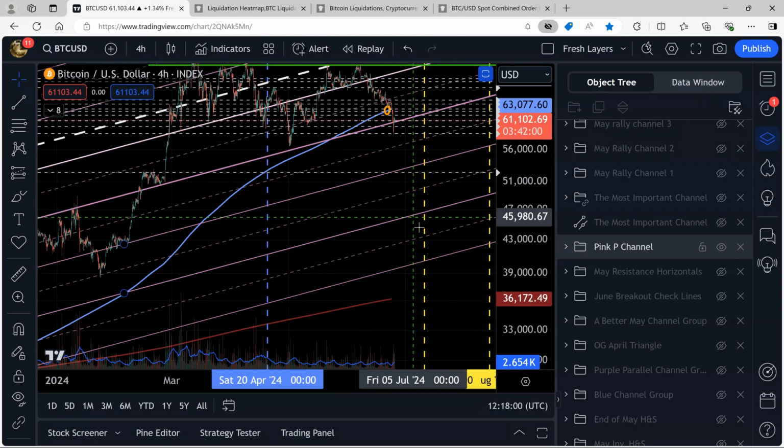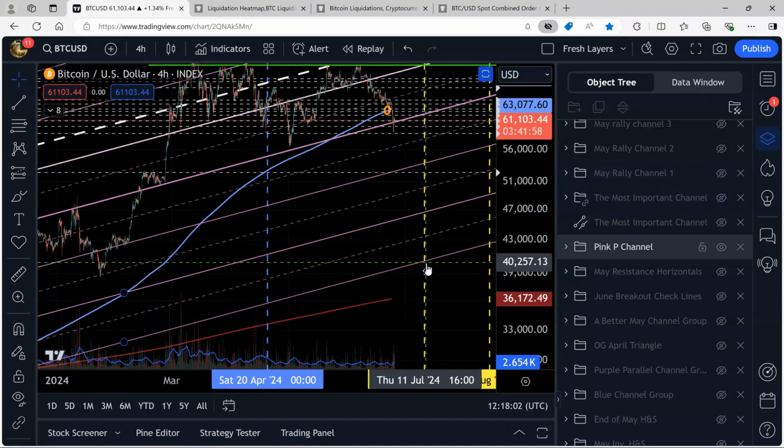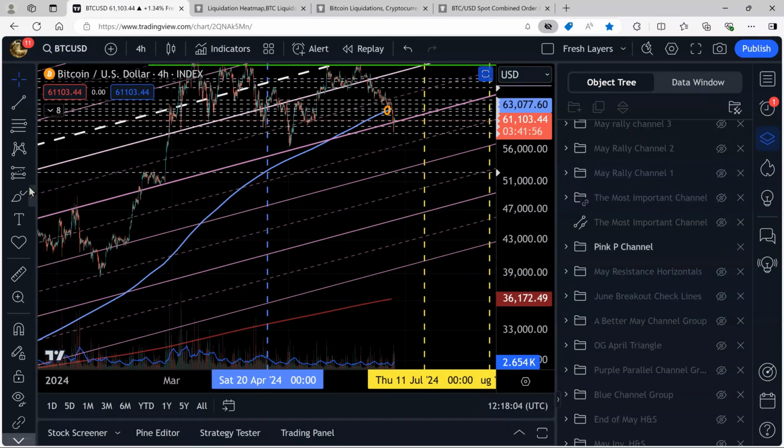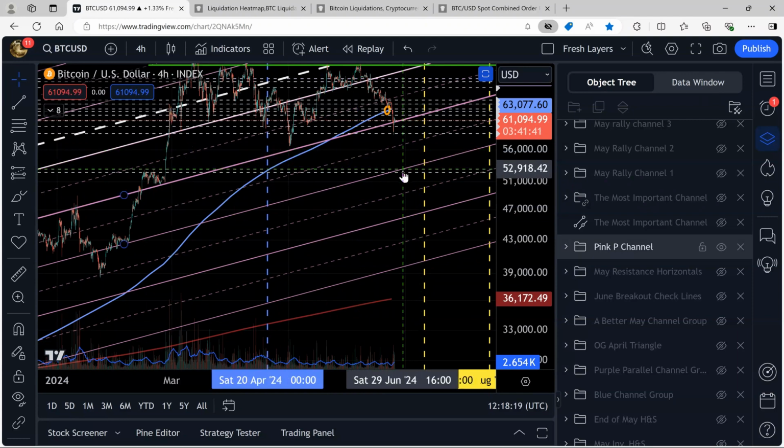They are within the realms of possibility, but look at that, then we wouldn't be in our bull market anymore. I can't even say that though. We could still dump down to 52 and be in the bull market.